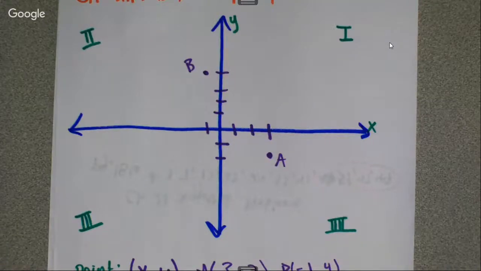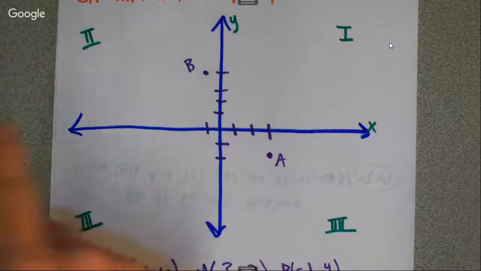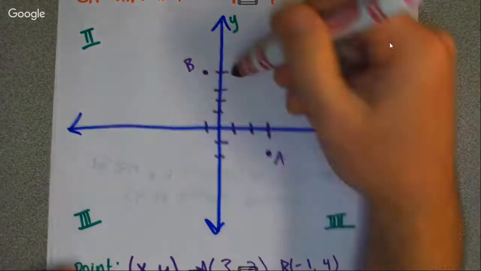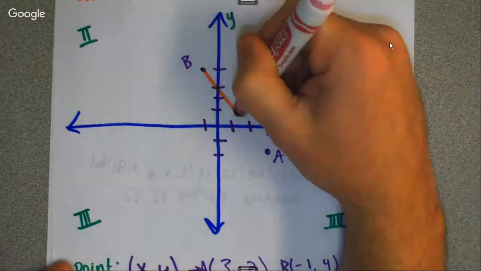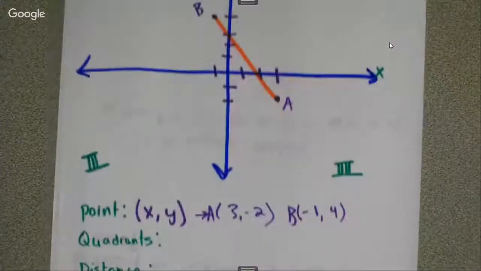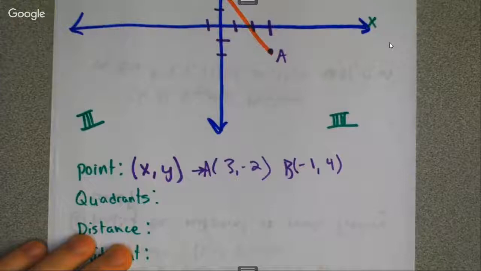There's a couple different measurements I want to talk about with points. I have 2 points here, and the first thing we may want to think about is, how far are those 2 points apart? Well, we're going to want to look for the distance.